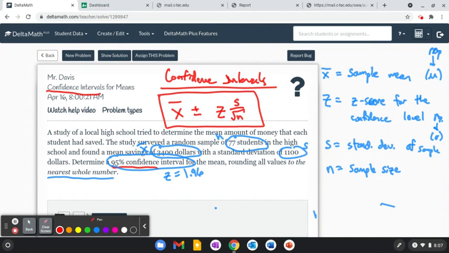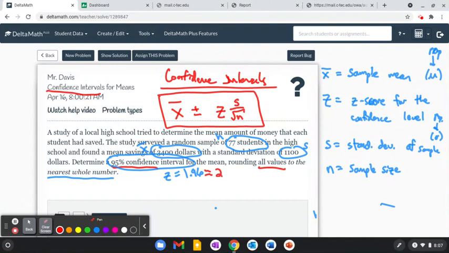In reality, when you do these problems, like when we did them out of the book, I don't want you to do that. I would want you to leave z as 1.96. However, it wants us to round all values, not just the final answer, so we're just going to round 1.96 to 2.